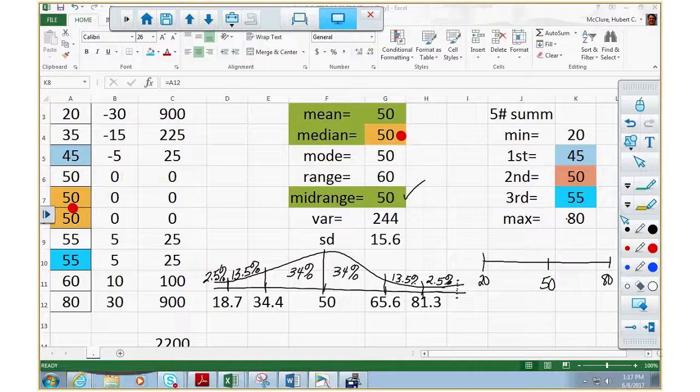And 50 to 80 is 30. Half of 30 is 15. So that's 65. 20 to 50 is 30. Half of 30 is 15. So that's 35. 20 to 35 is 15. Half of 15 is 7. 7, 27. 50 minus 7 is 43. 50 plus 7 is 57. 80 minus 7 is, I have no idea, 73.